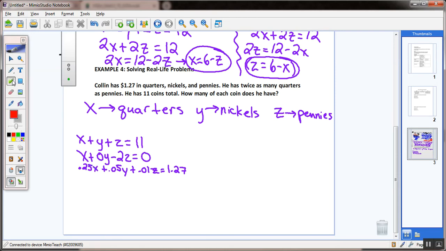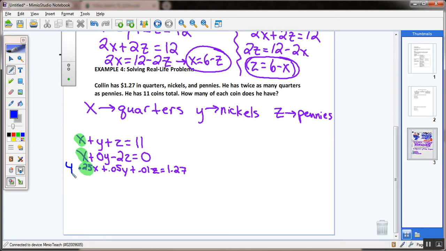Okay, let's pick on the x's. How many x's do you have right here? 1x. How many here? 1. How many here? So what would you have to multiply the 0.25 by to turn that into 1x? In other words, how many quarters would make $1? Okay, so I'm going to multiply everything down here by 4.